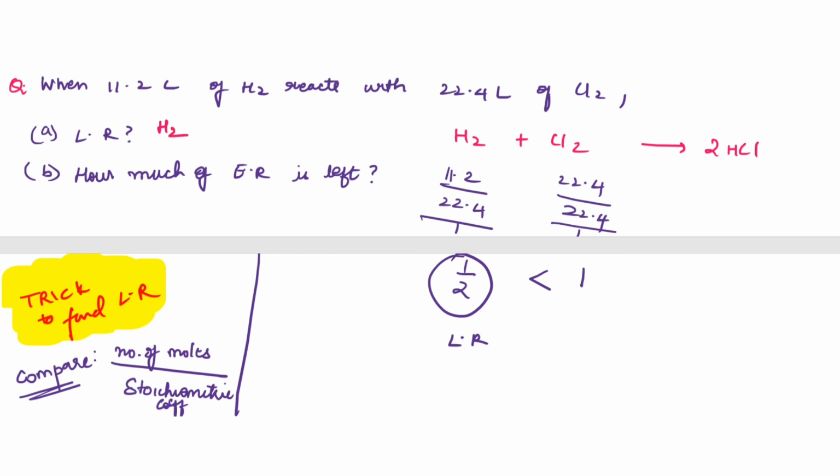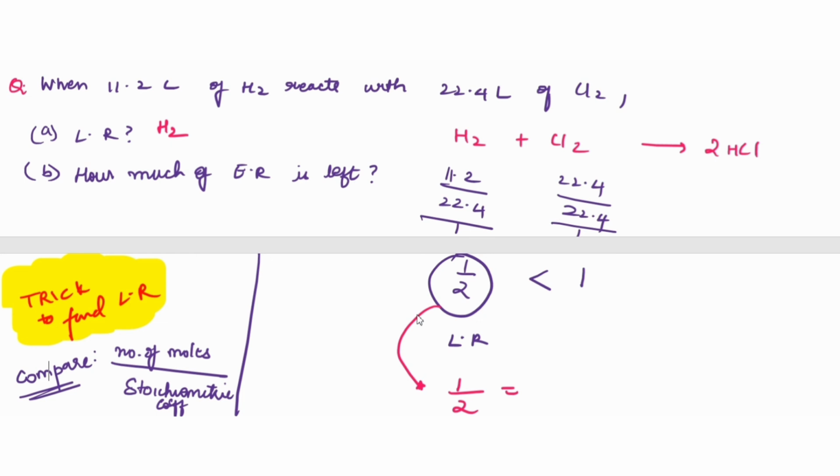So whichever ratio is less, we have to compare the ratio of the reactants, and whosever ratio is less becomes the limiting reagent. So chlorine is the excess reagent. Now in the second subdivision we need to find the amount of excess reagent which is left unreacted. So simply equate this 1 by 2 to x.